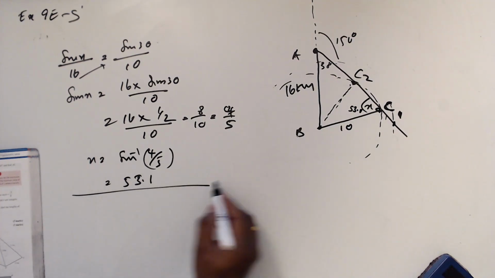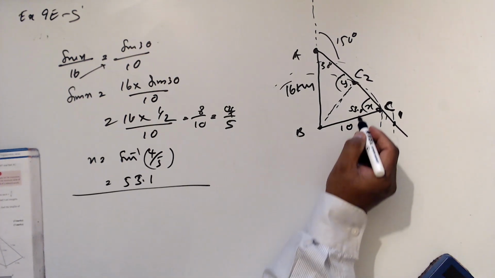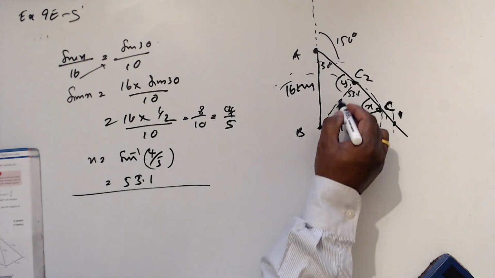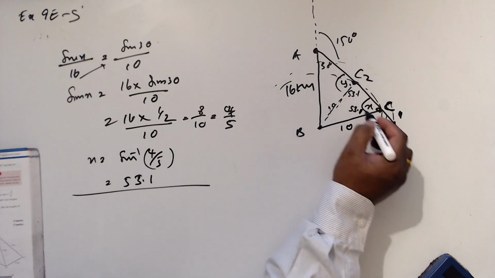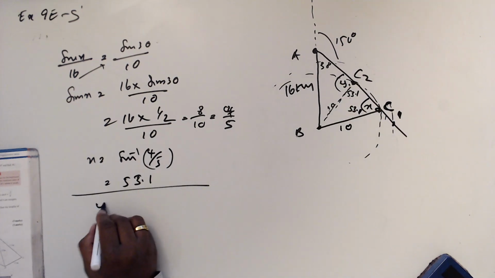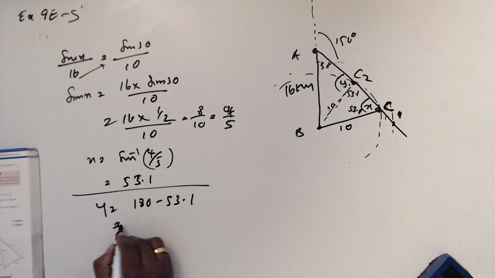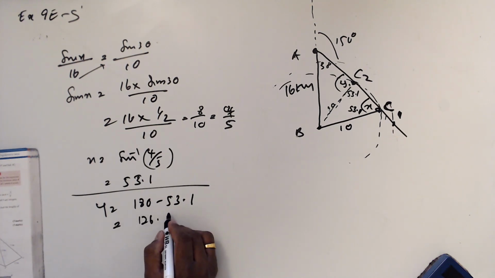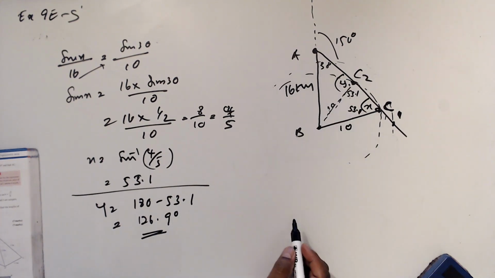And the other one is, let's say y. If this is 53.1, this is 53.1 because they have the same distance, radius basically. And y is 180 minus 53.1, 126.9. So this is 126.9.